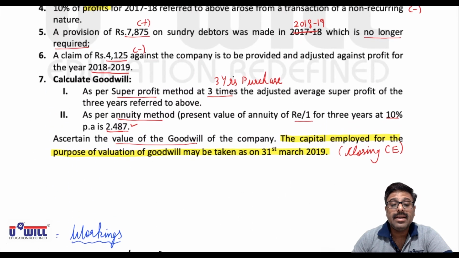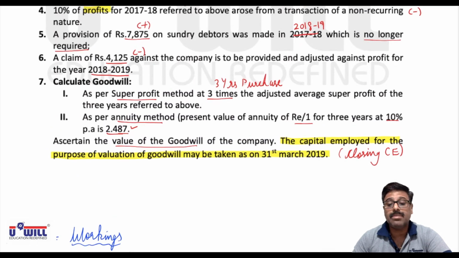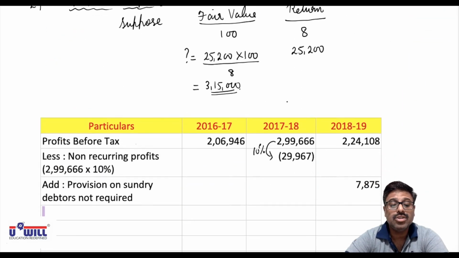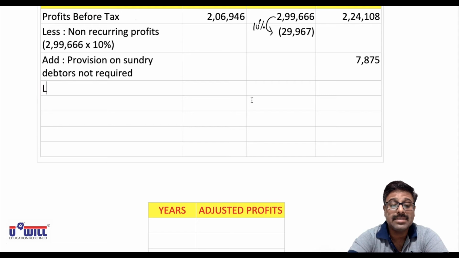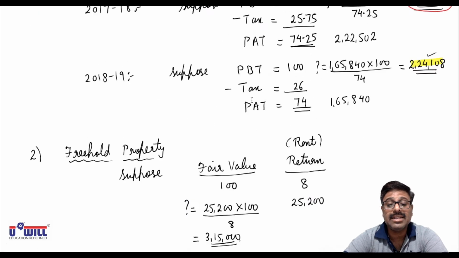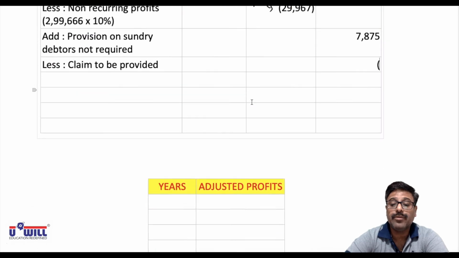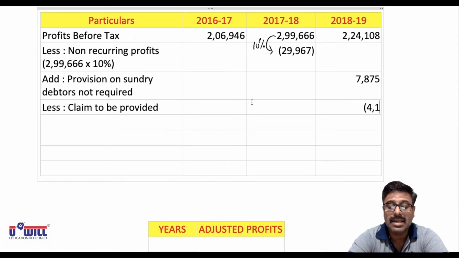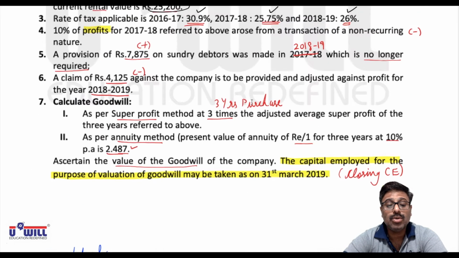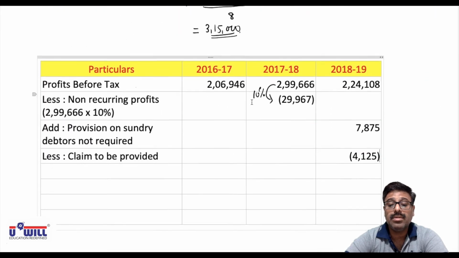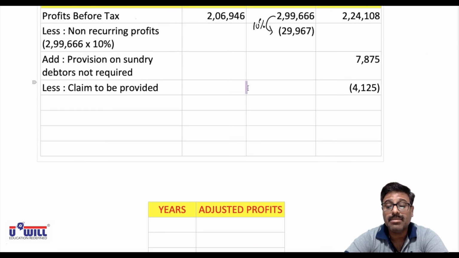And same way, a claim of 4125 against the company is to be provided and adjusted against the profits for the year 18 to 19. So that also we have to minus. Claim to be provided. So that we will minus in the last year, that is the amount of 4125. That's it, no other adjustment is given. So adjusted profit before tax can be obtained with this.